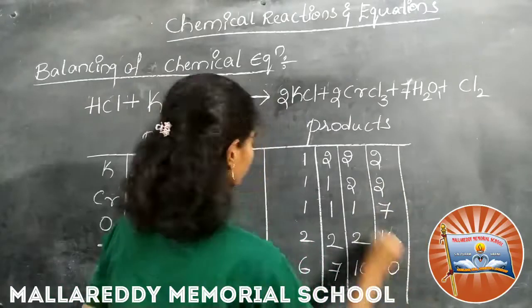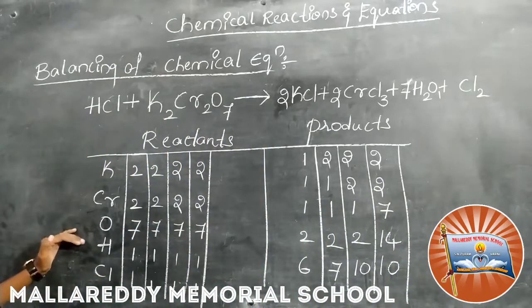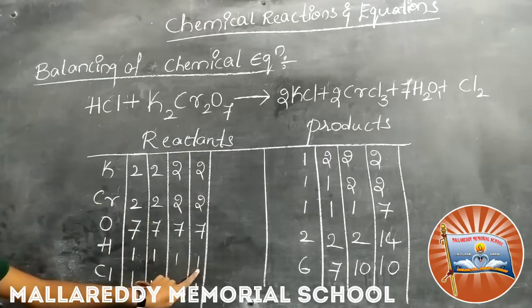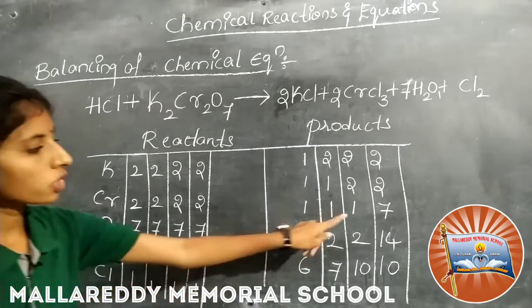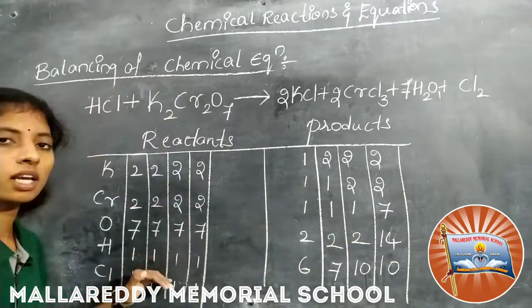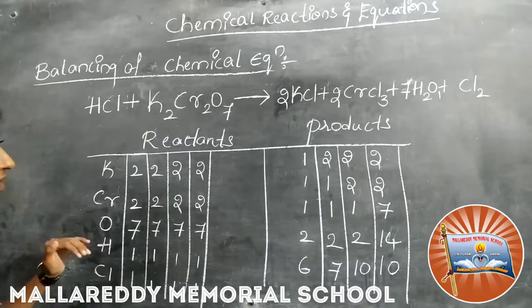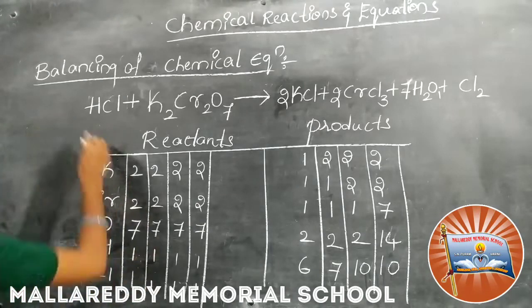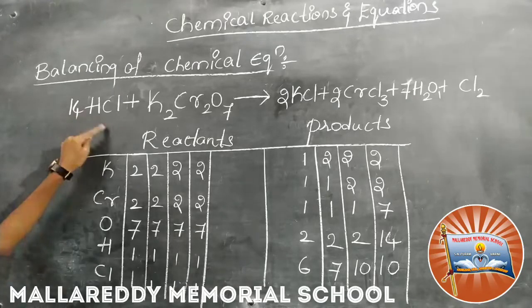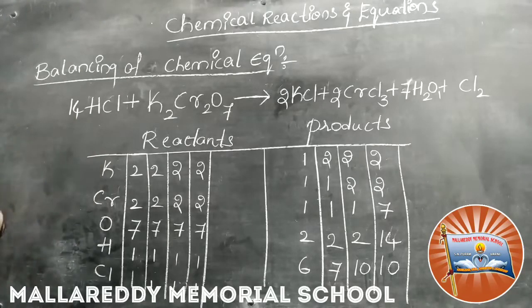Okay. Now the next one is the hydrogens. So see here, on the reactant side we have 1 hydrogen atom, on the product side we have 14 hydrogen atoms. On the reactant side we have the lesser number, so here we have to balance now. For that purpose I want to take the number 14 here before the HCl molecule. So now it is changed.